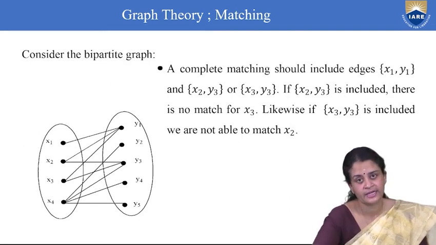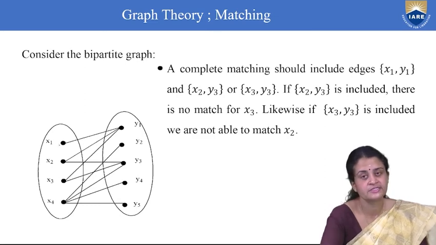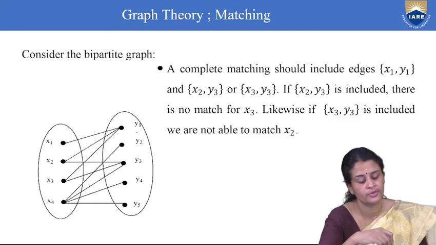So consider this bipartite graph with vertices x1, x2, x3, x4, and here y1, y2, y3, y4, y5. Here is some matching. A complete matching should include the edge x1, y1.